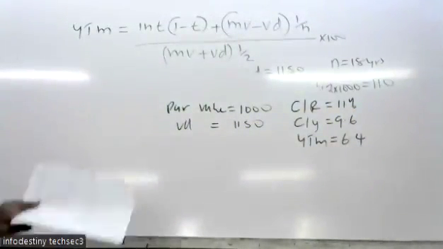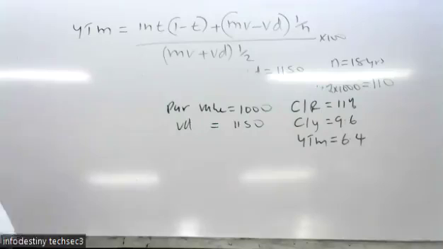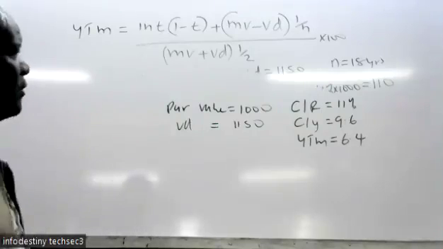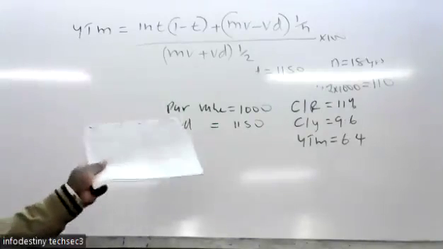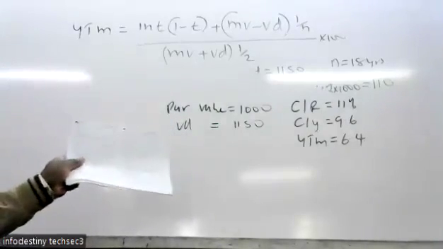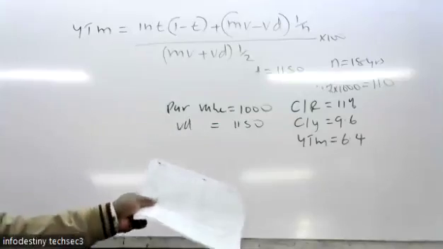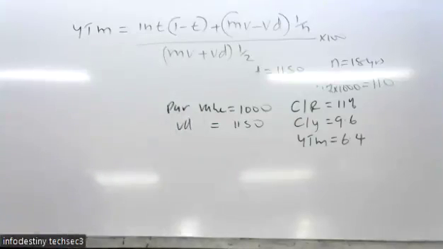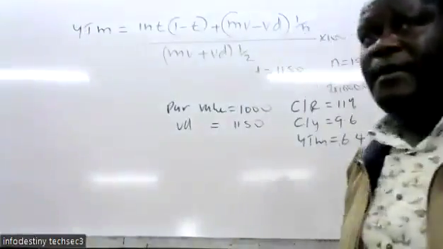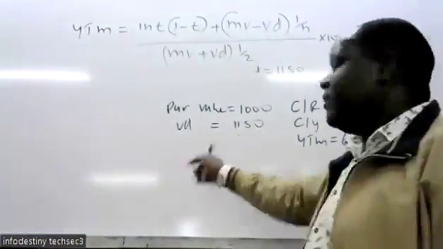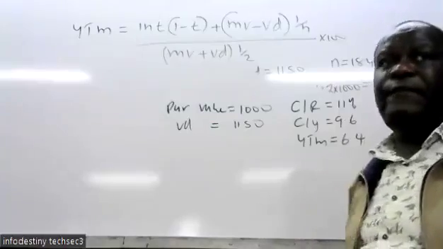So from this analysis, you can see the coupon rate is greater than the current yield, which is also greater than the yield to maturity. And because of that, the par value is 1,000, but it is currently selling at what? 1,150.